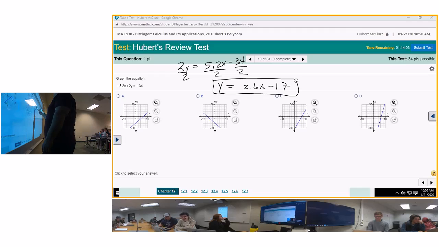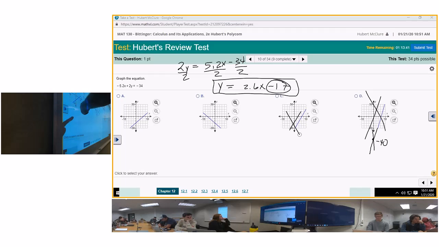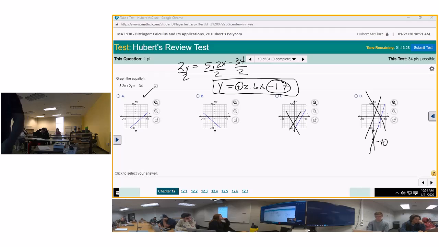So which one has a y-intercept of negative 17? All of them, except for this one. This y-intercept is like negative 40, so that's not it. This is negative 30, so that's not it. Okay, 5, 10, 15. What kind of slope does this one have? Positive or negative? Positive, so that's left to right up, so it should be Alpha.